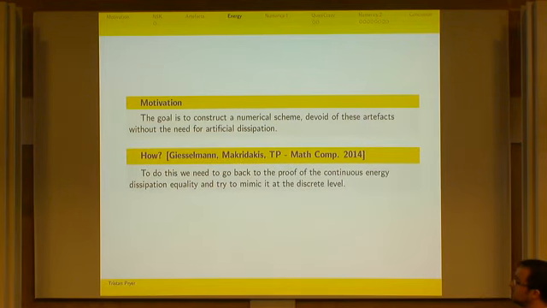This is something that I did with Jan and Babis, and it was published in MathComp last year. So what we said is, well, how are we going to do this? We want to mimic how we did this at the continuous level. So I want to go back to the PDE model and see how did I actually prove my energy dissipation equality?